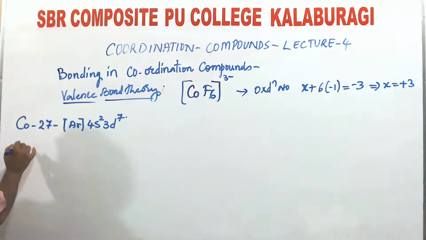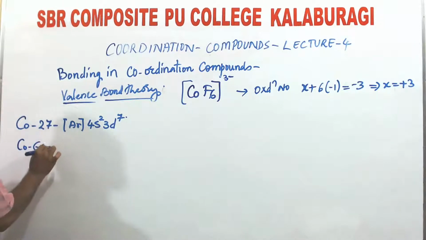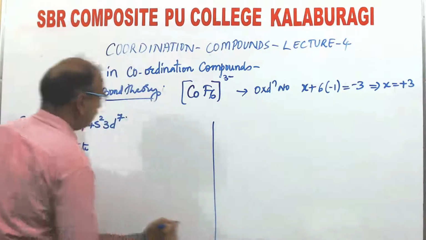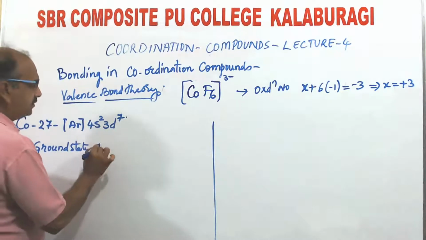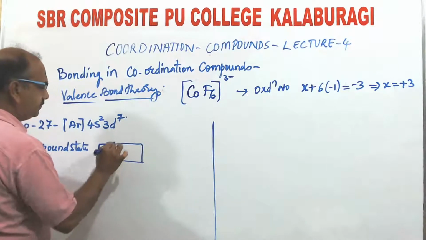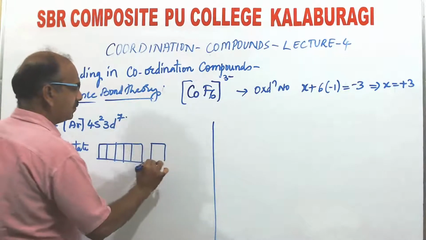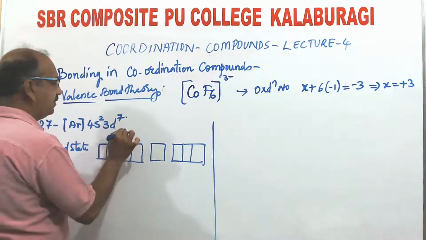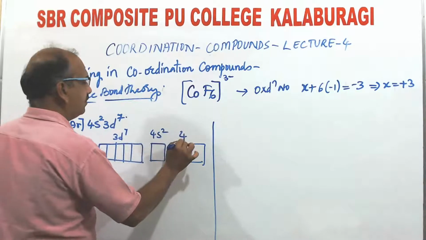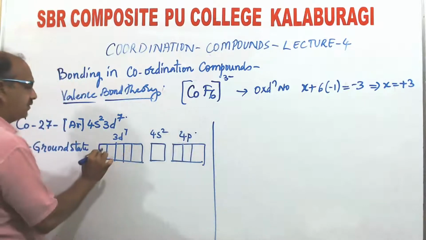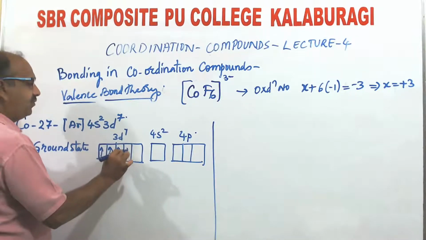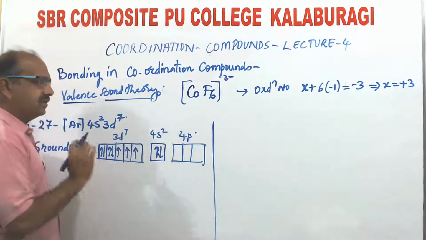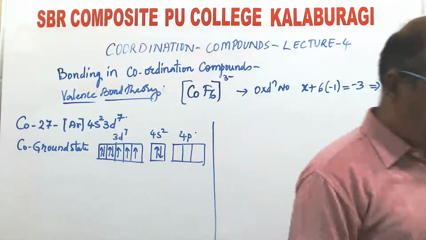Now cobalt in the ground state, it shall be 3d7, 4s2, then 4p. So 3d7 means 1, 2, 3, 4, 5, 6, and 7.